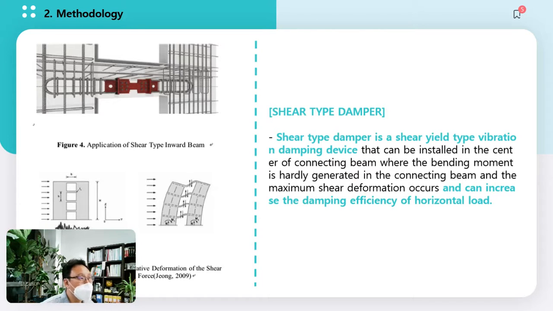Shear type dampers can increase the damping efficiency of horizontal loads with shear type variation damping devices that can be installed in the center of the connected beam, where bending moments are generated and maximum shear deformation occurs.